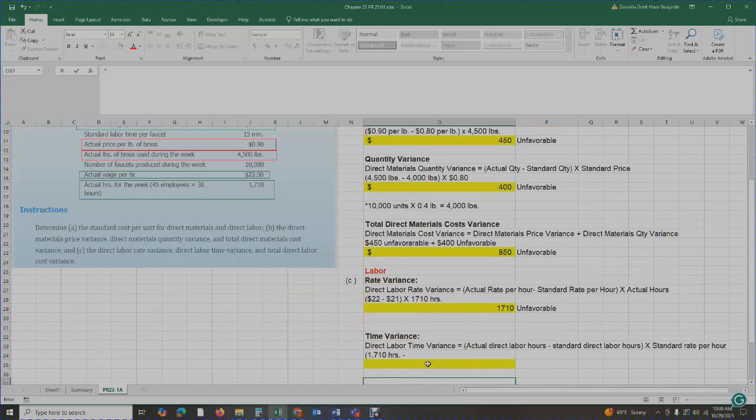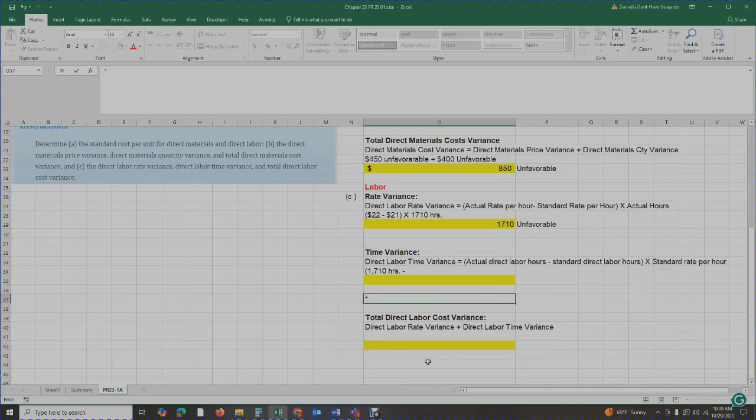So we're going to have 10,000 units, which is what we're making a week, and then we're going to multiply that by 15 minutes, divided by 60 minutes. That tells me it takes 0.25 of an hour to make each of the units.